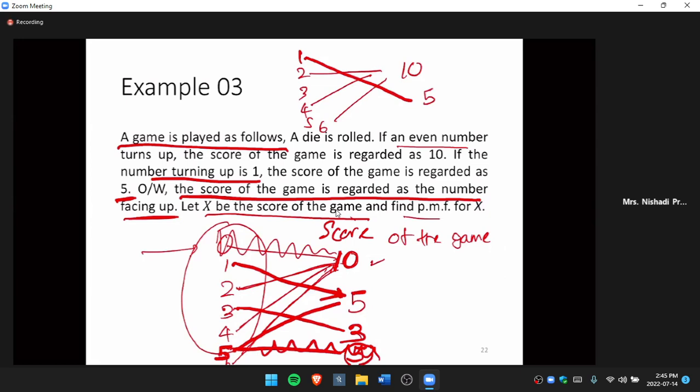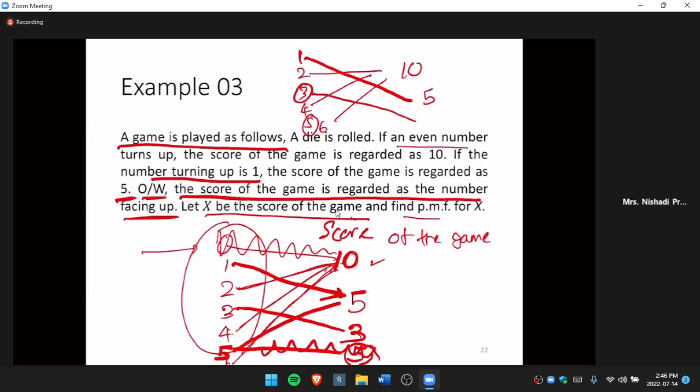Clear? Now it says, otherwise, the score of the game is regarded as the number facing up. That means we have 2 more values, number 3 and number 5. If we get number 3, what should be the score of the game?